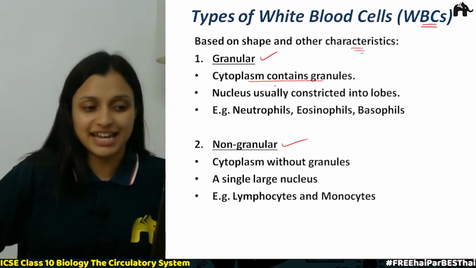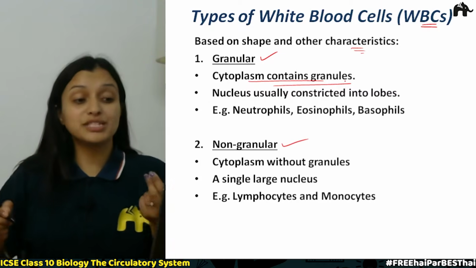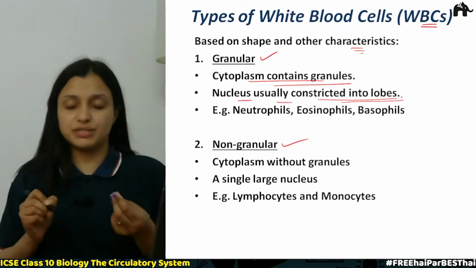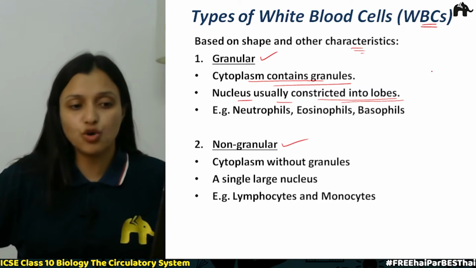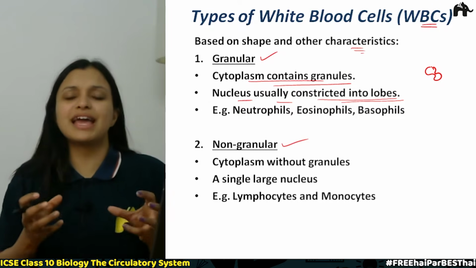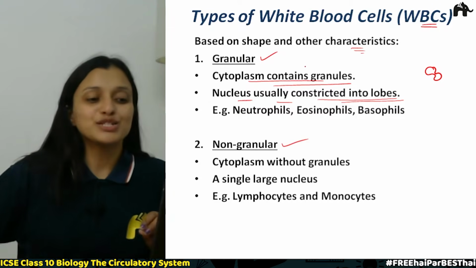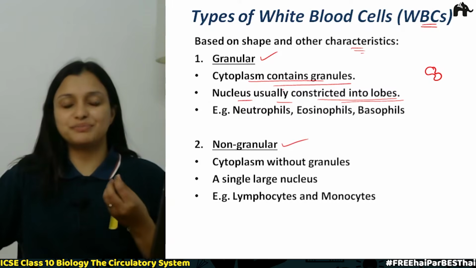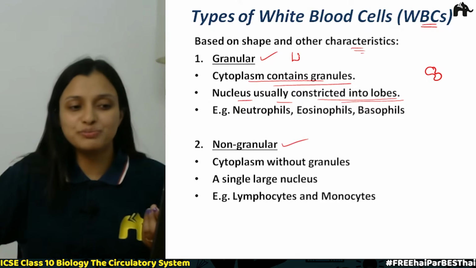The cytoplasm contains granules, whereas the nucleus is usually constricted into lobes. So there are certain lobes that can be seen in the nucleus. Clear? So what are the examples of these granular WBCs?